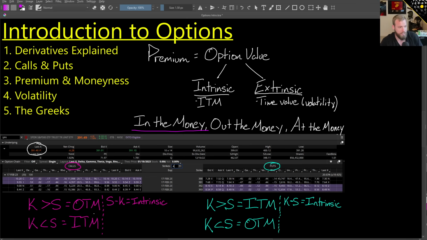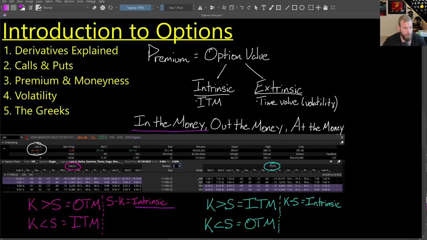So what happens when something is in the money? Is it immediately exercised? Does the position start making more money? When something is in the money, it just means it has intrinsic value. How do you determine intrinsic value for calls? All you do is take the security price minus the strike price, and you get your intrinsic value.